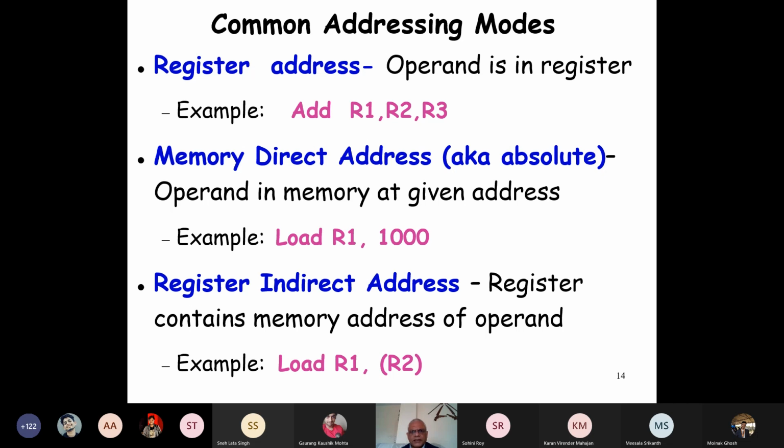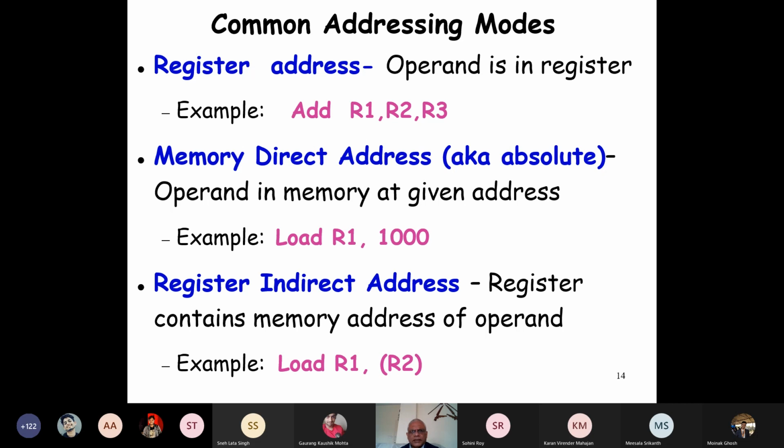In the memory direct address, the address is directly given as part of the instruction. 1000 is the memory location, and whatever is there in 1000, it is brought into R1. See, 1000 is not brought into R1, but what is stored in the location 1000, that is brought into R1.